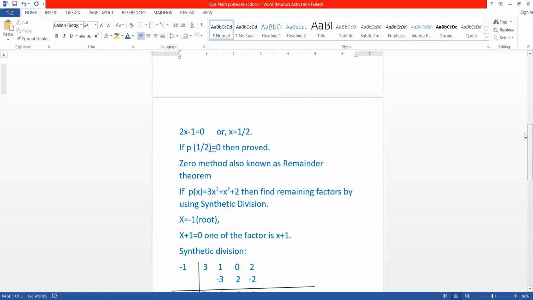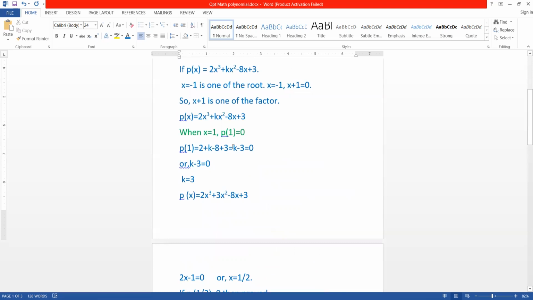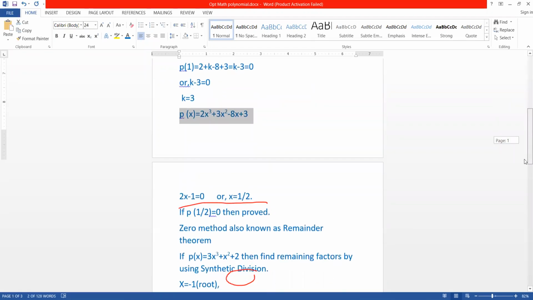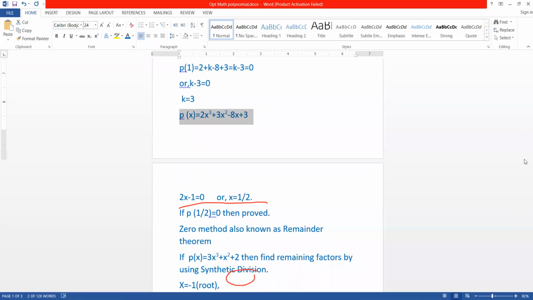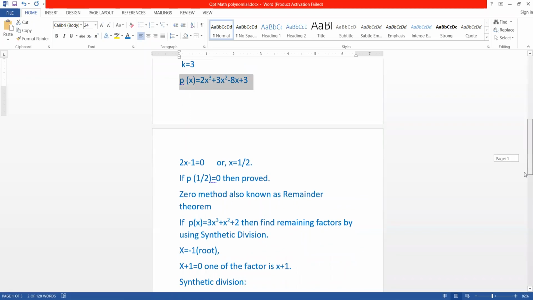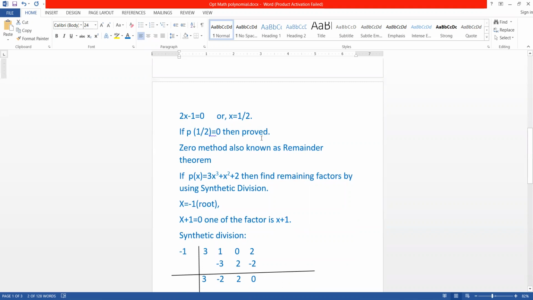If we put this in the main polynomial, the one which I'm highlighting, then we get p(1 by 2) equals 0, so it's proved.